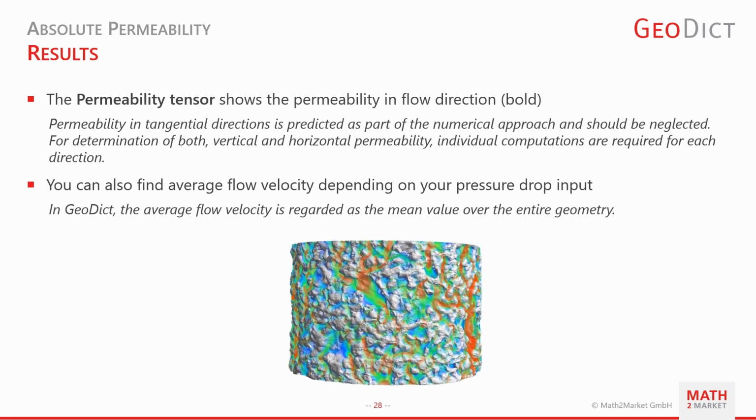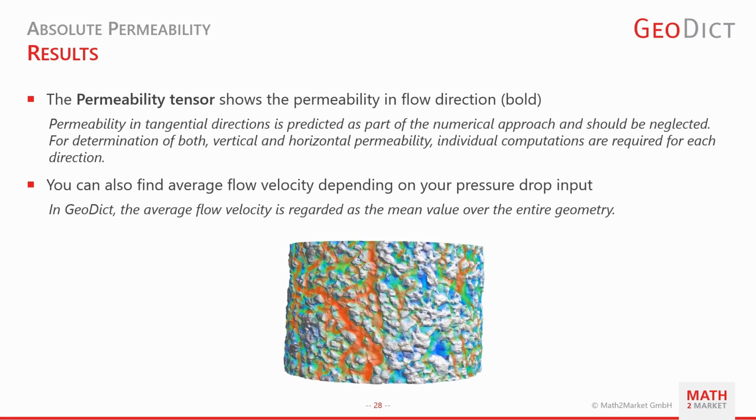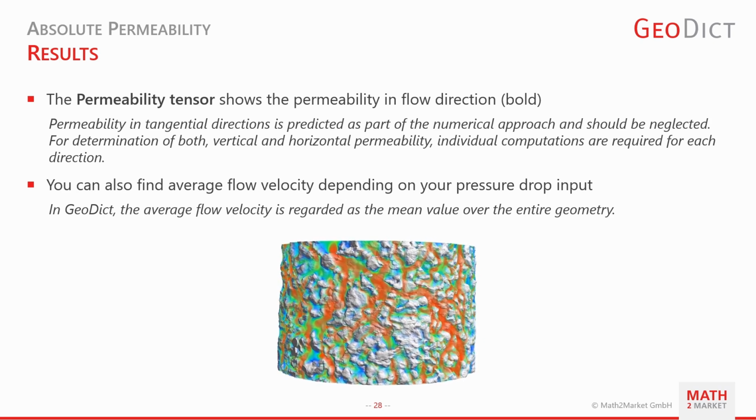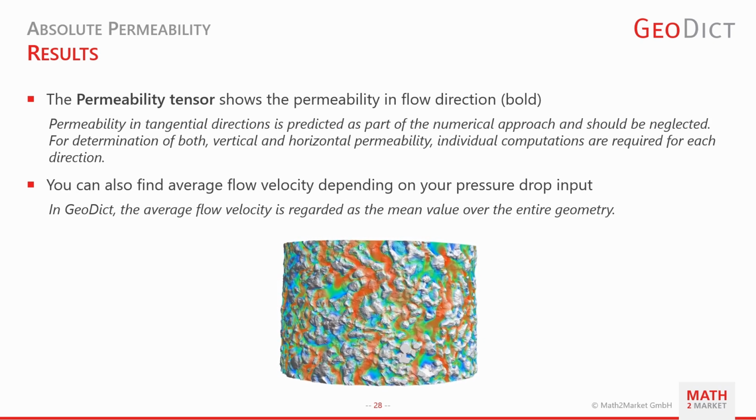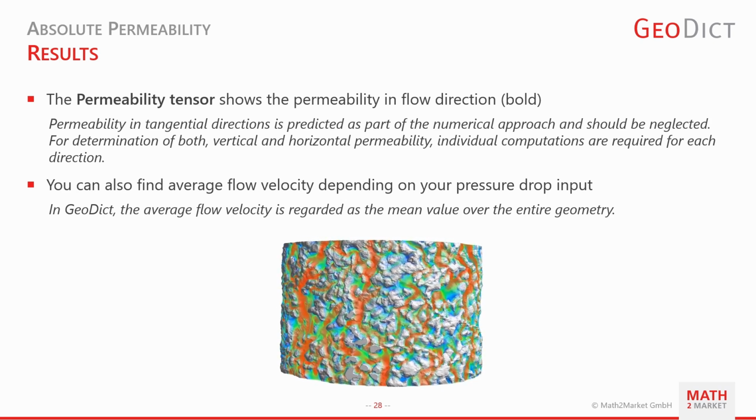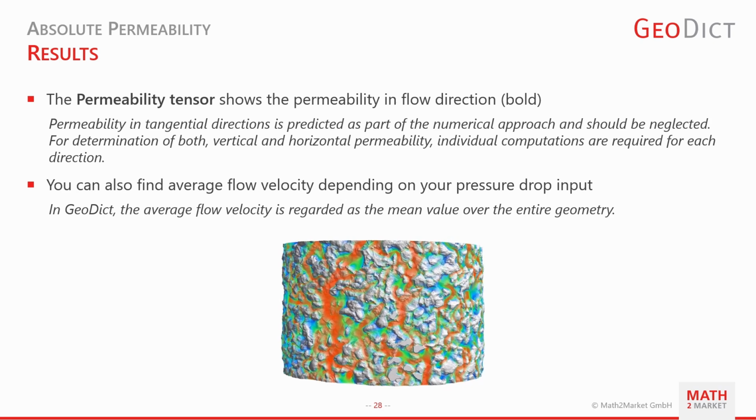We now only had a look at the permeability tensor in Z direction, or the computation or simulation direction. To obtain the full permeability tensor with each direction, so X, Y, and Z, we would have to compute the fluid flow in these directions as well.